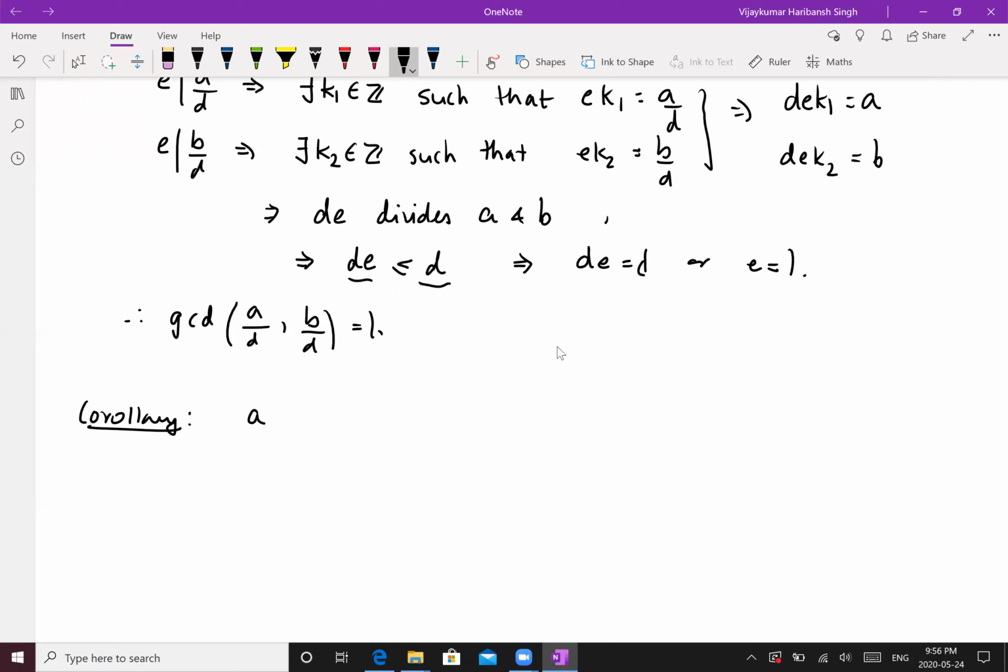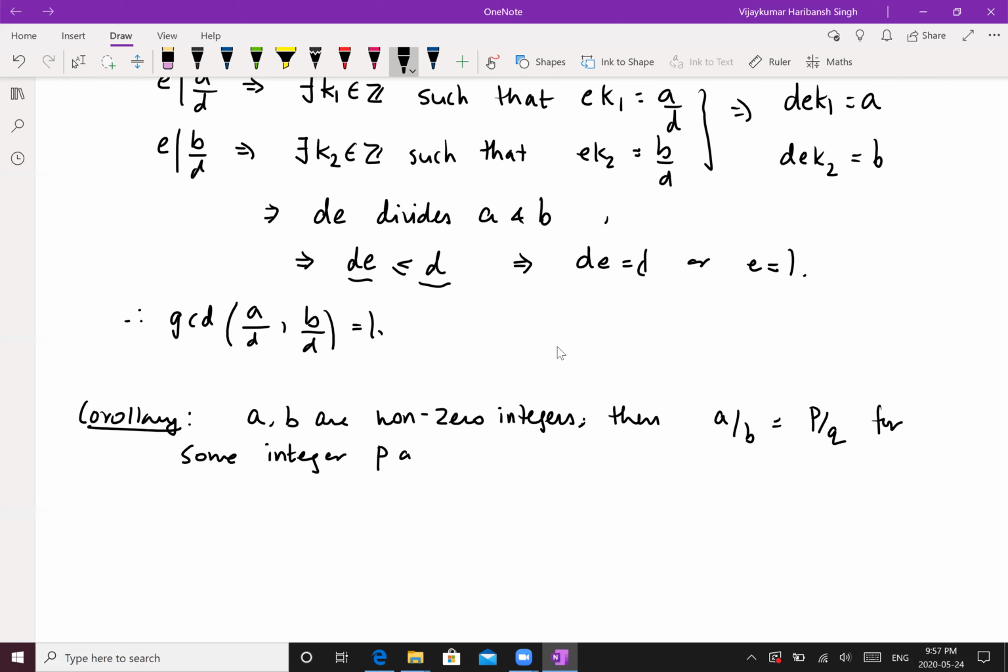If A and B are non-zero integers, then A by B equals P by Q for some non-zero integers P and Q such that GCD of P and Q equals 1.